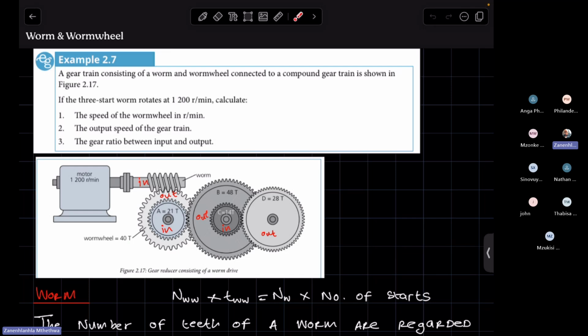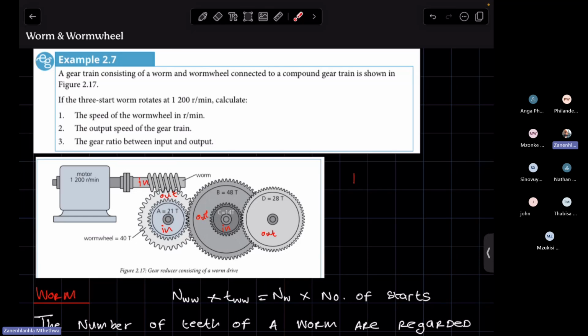Now, this is how we look at the number of starts. If a worm has one start, it means that for every revolution the worm rotates, it is only going to engage one tooth on the worm wheel.